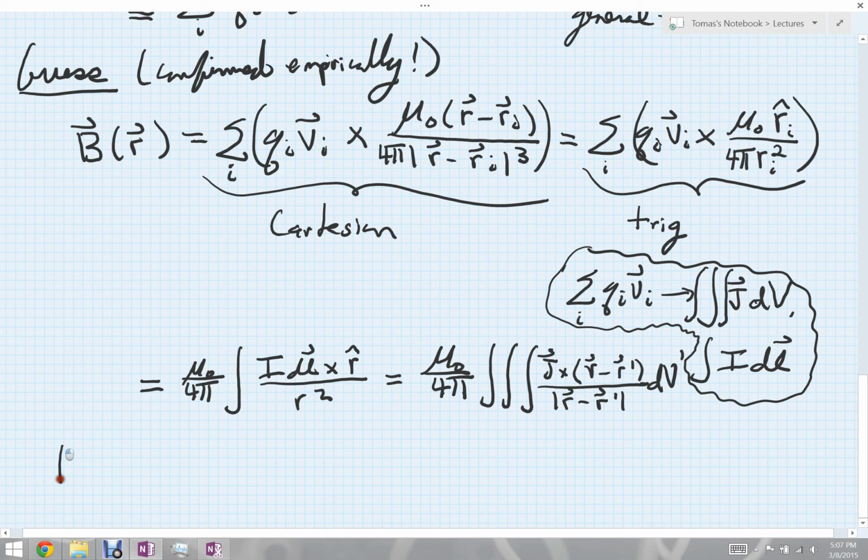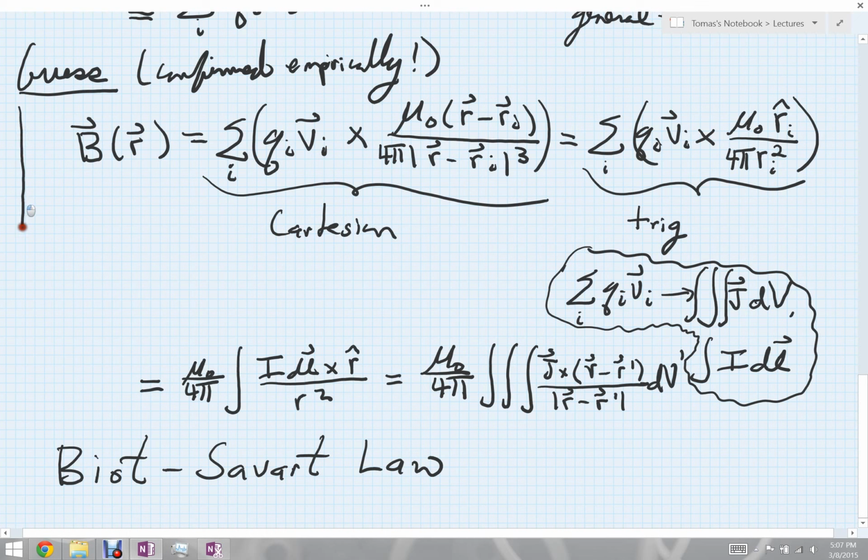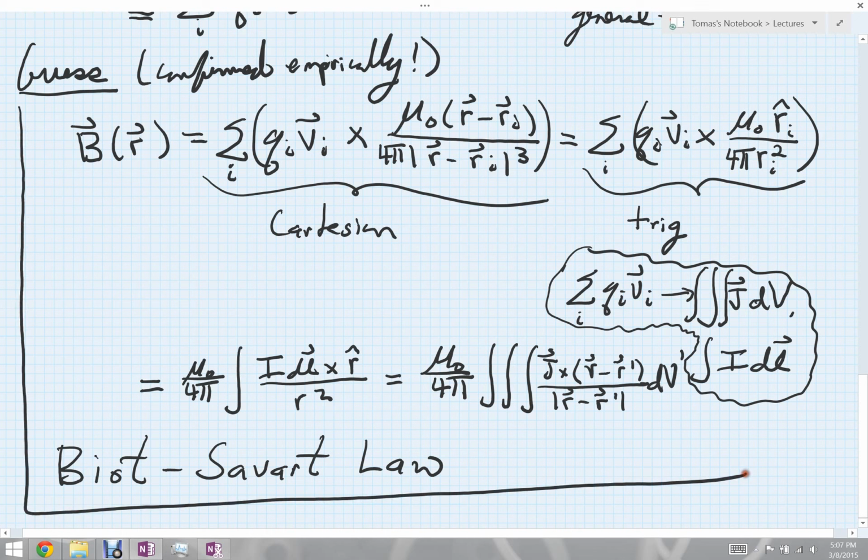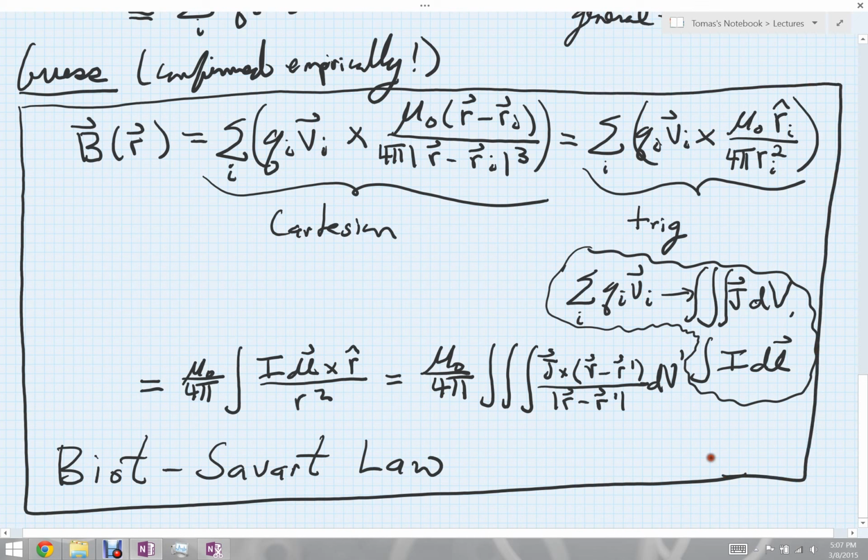And all of these then are various variants of the famous Biot-Savart law that we can use to calculate magnetic fields given a set of charges moving with various velocities, as I've indicated to you here, in either Cartesian or trig form. Or you can think of it as a current-carrying wire, and you could do this in Cartesian or trig, or a volume distribution of currents J, which again you could do here as I've written it in Cartesian, or you could do it in trig.